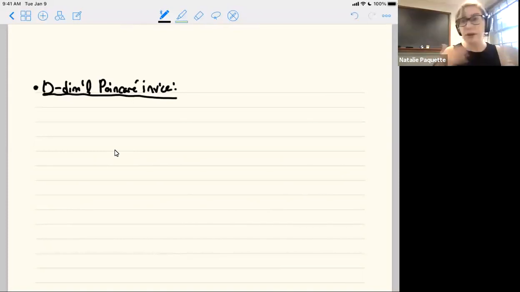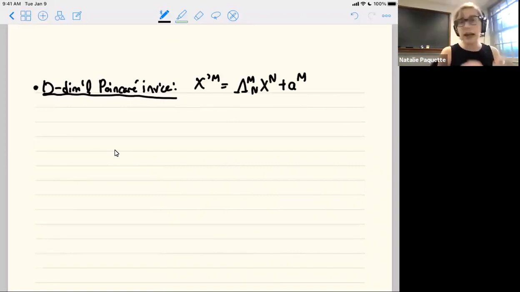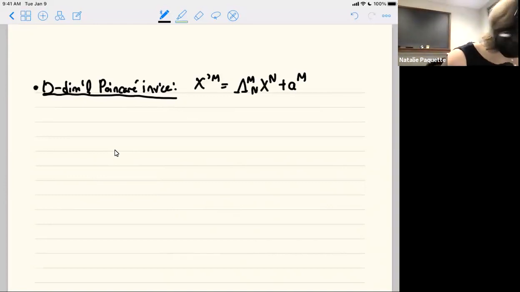Sigma and t are not transformed, but the embedding scalars, of course, are, and they're transformed in the usual way. The usual Poincare transformations act exactly as you would expect, and the auxiliary metric G is invariant. So that's totally fine.